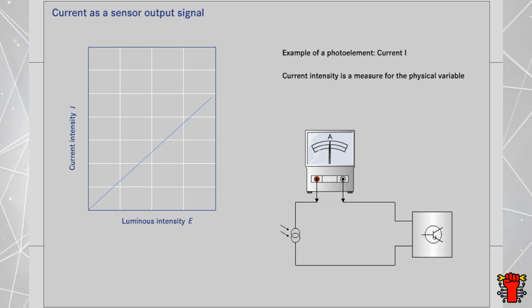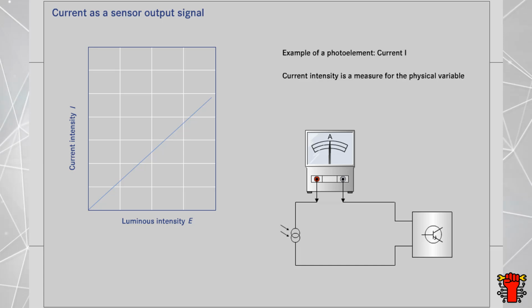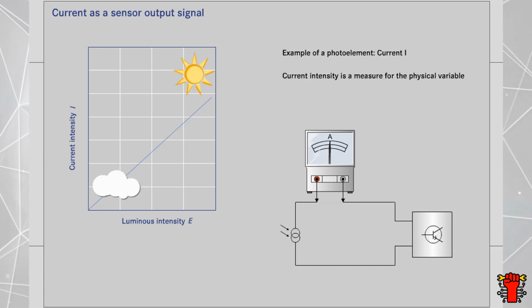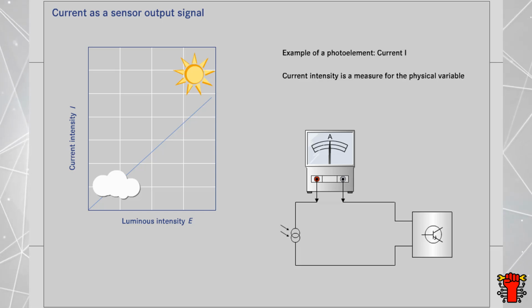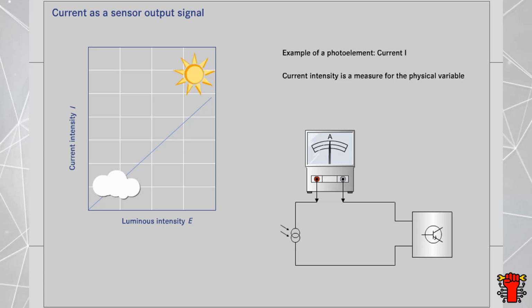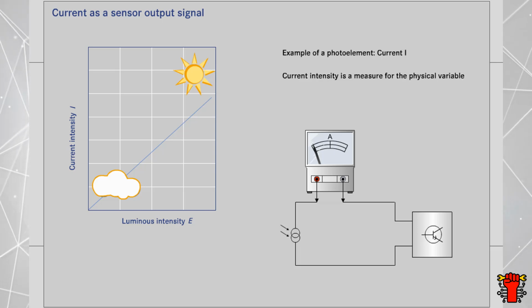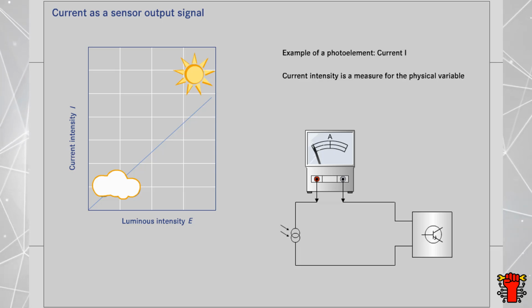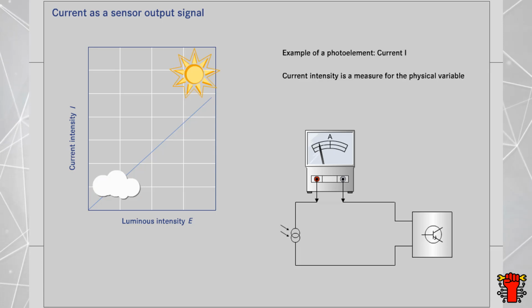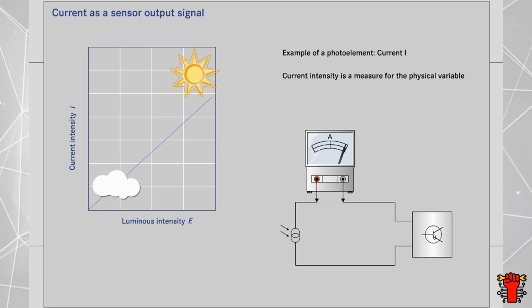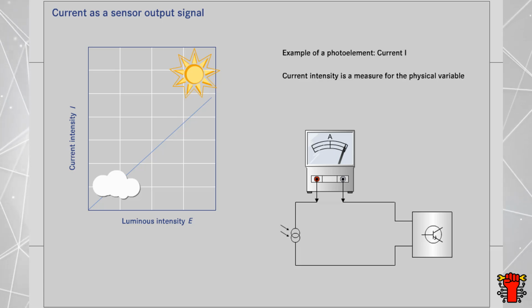The photo element current now flows through the ammeter and can be measured. As you do so, observe the deflection of the pointer on the ammeter. When luminous intensity is low, the output currents from the photo element to the control module are low. When luminous intensity is high, the photo element generates a high output current.